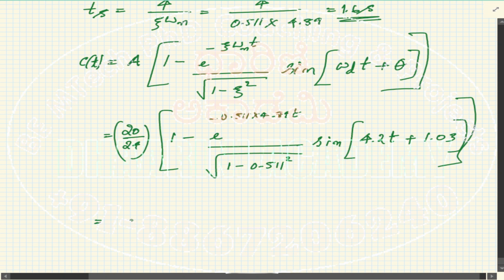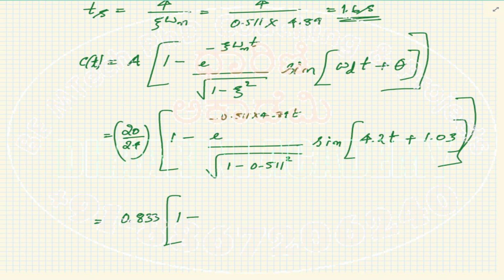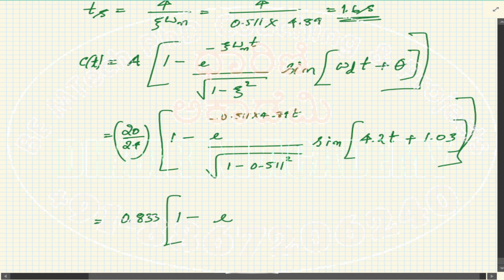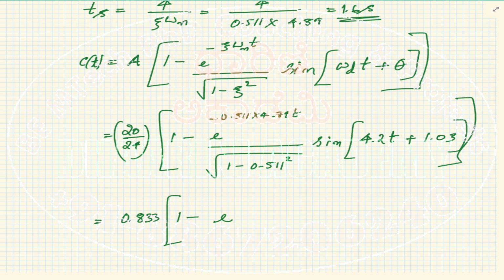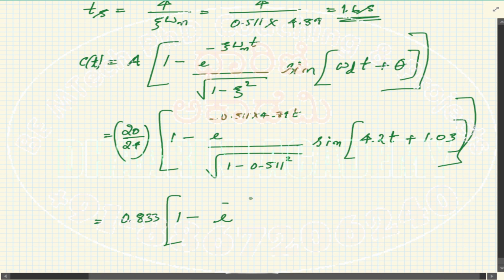So the 20 by 24 becomes 0.833, times 1 minus e to the power minus 2.490t. This also we can bring to the numerator as 1 by root of 1 minus 0.511 whole square, right?